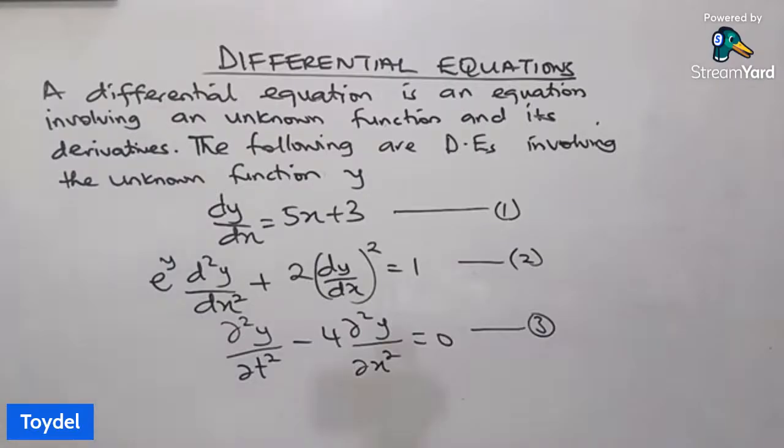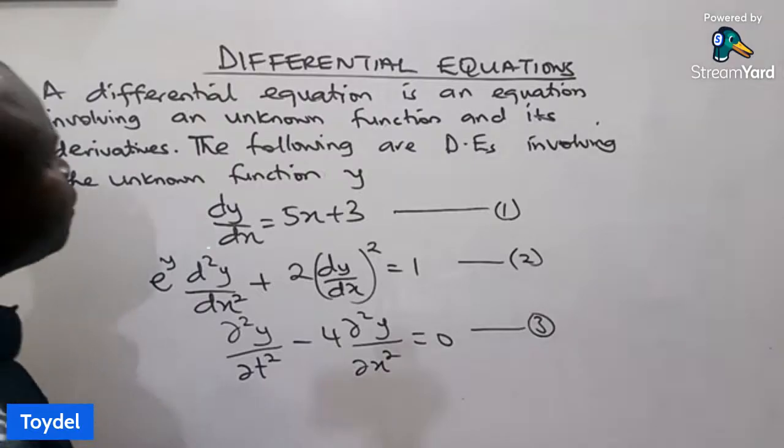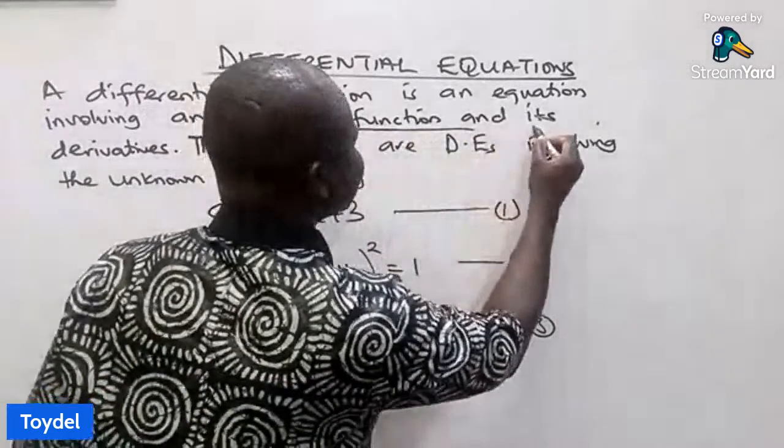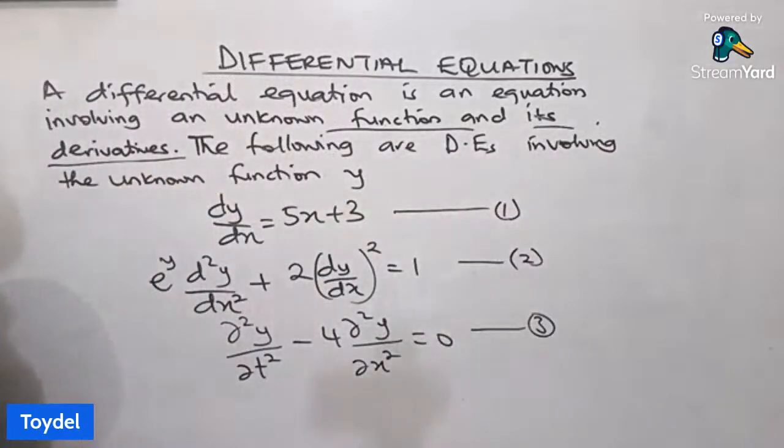So today we want to build on differential calculus. Differential equations are an extension of differential calculus. What is a differential equation? A differential equation is an equation involving an unknown function and its derivatives.